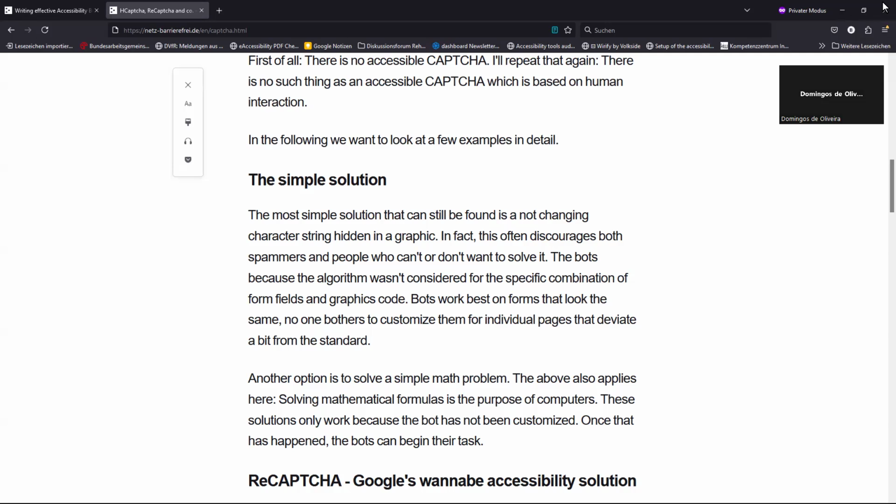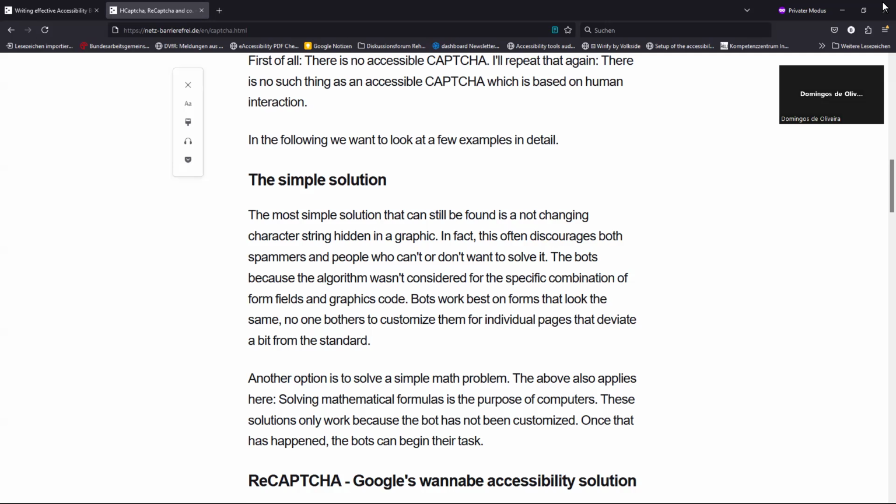Then you have reCAPTCHA. In reCAPTCHA, you usually click a checkbox to solve the CAPTCHA, and usually you get a graphical task where you should find out which graphics belong to a special topic.